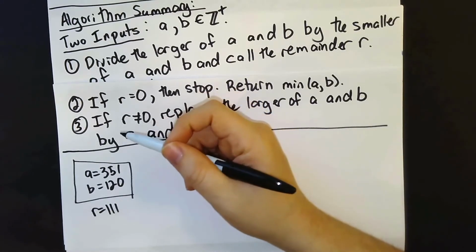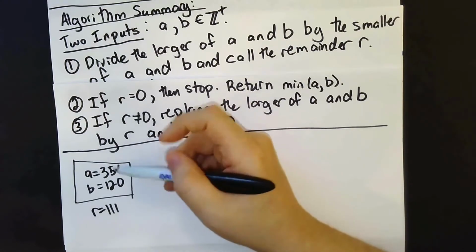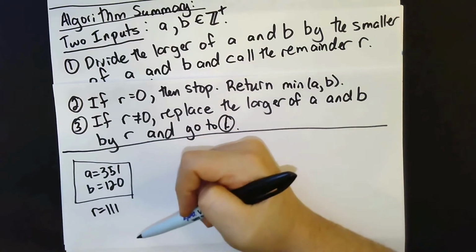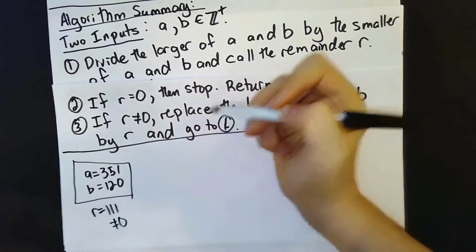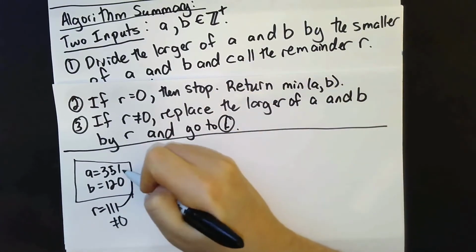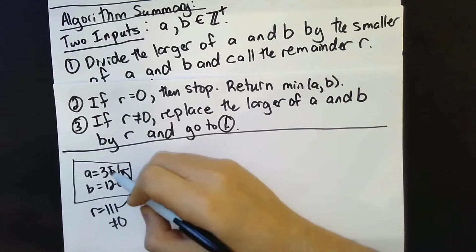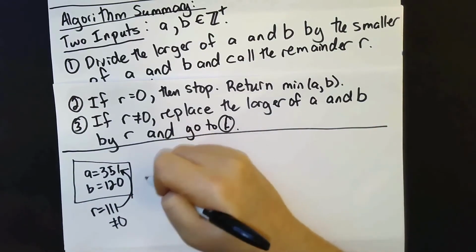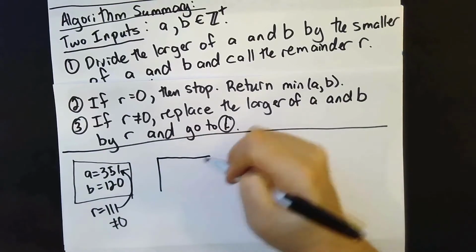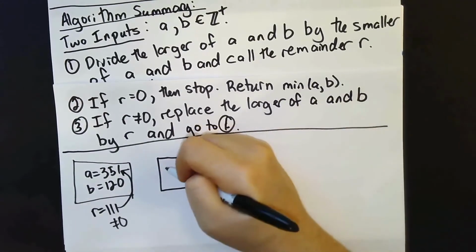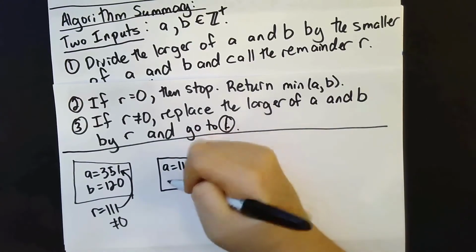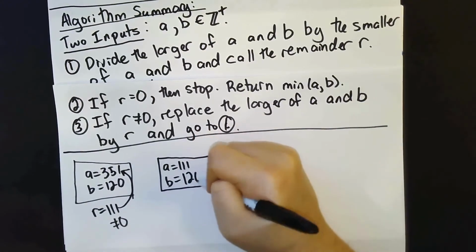So the computer is eminently capable of applying the division algorithm to calculate this. This number 111 here is not 0, so it is going to replace the 351, because the 351 was the bigger of these. And so now, we are going to feed into the same algorithm the numbers 111 and 120.